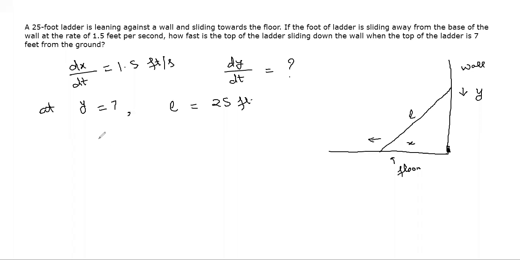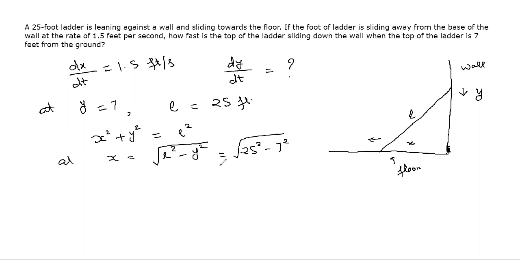Applying the Pythagoras theorem here, x square plus y square should be equal to L square at all the moments the ladder is leaning against the wall. So the value of x is simply the square root of L square minus y square. It's going to be 25 square minus 7 square at that moment, which is the square root of 576, which is equal to 24 foot.